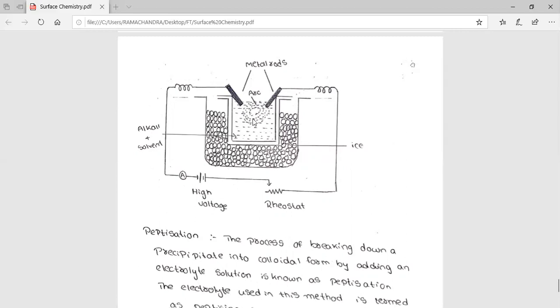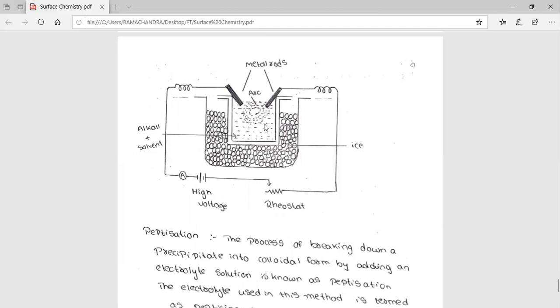In this dispersion method, whenever electricity passes through the electrodes, the particles are dispersed. That means bulky material is dispersed into smaller particles.